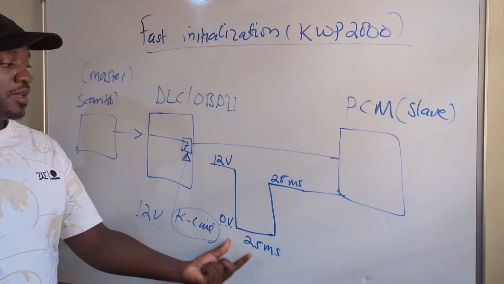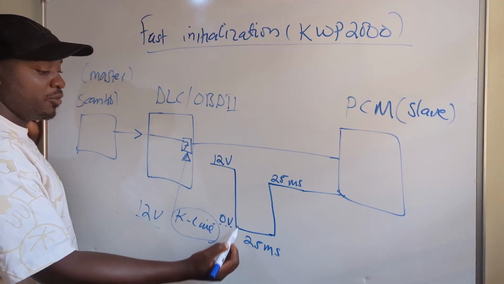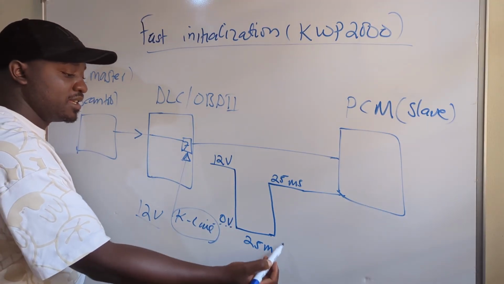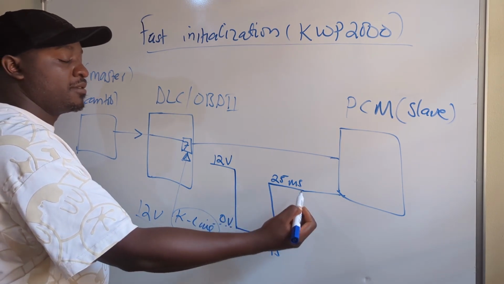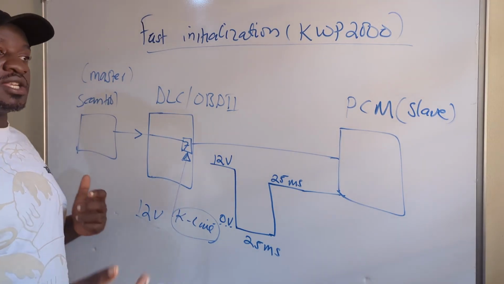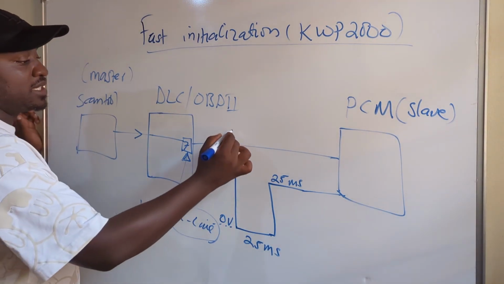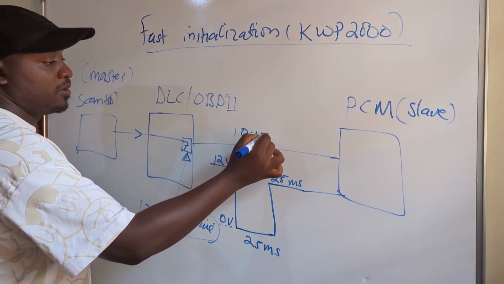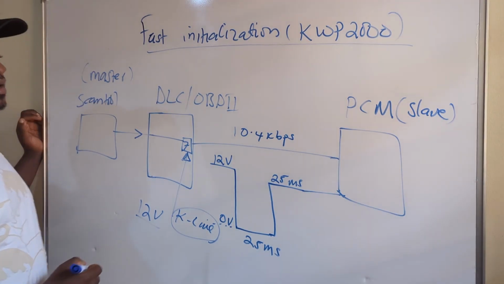So the voltage on the K line will be pulled down for a period of 25 milliseconds and pulled up for a period of 25 milliseconds. So that will complete the initialization process. And all this is happening at a speed of 10.4 kilobits per second.